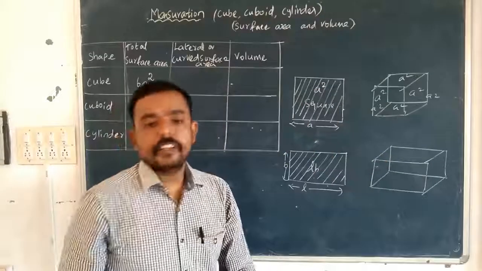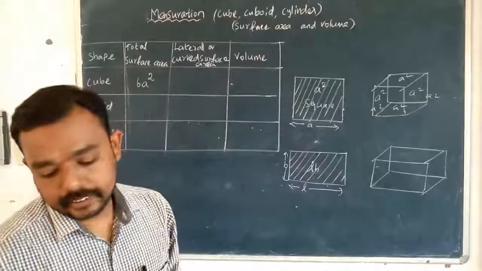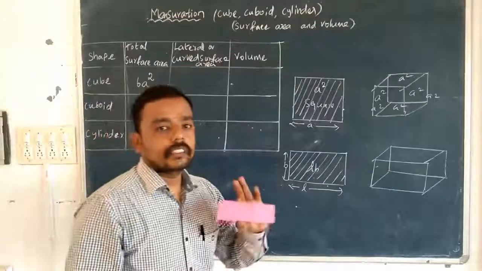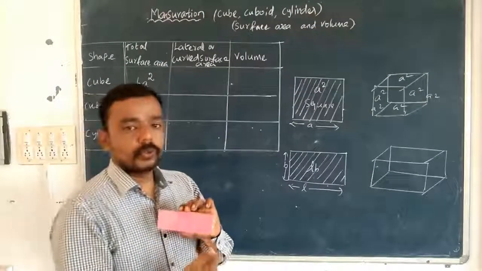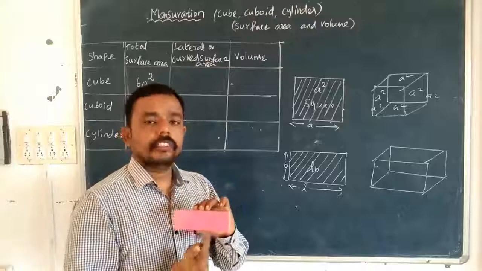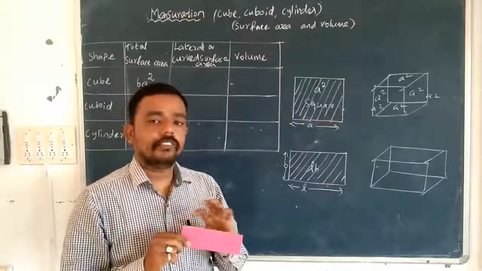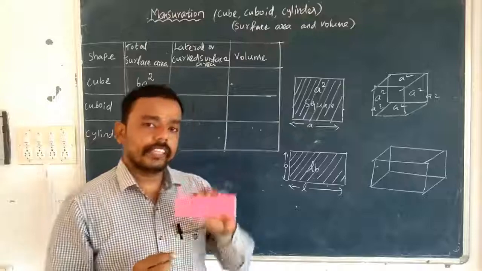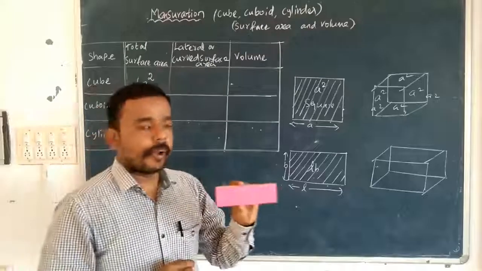In the same way, we have six sides here also. Suppose the cuboid has sides 1, 2, 3, 4, 5, 6. Totally six sides: front view, back view, side view, and top view. Like that, we can visualize the particular cuboid.